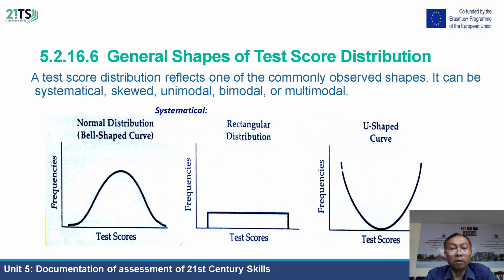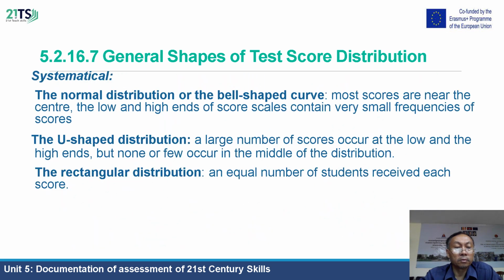General shapes of test score distributions. A test score distribution reflects one of the commonly observed shapes. It can be symmetrical, skewed, unimodal, bimodal, or multimodal. Symmetrical: the normal distribution, or bell-shaped curve, means most scores are near the center. The low and high ends of the scale contain a very small frequency of scores.